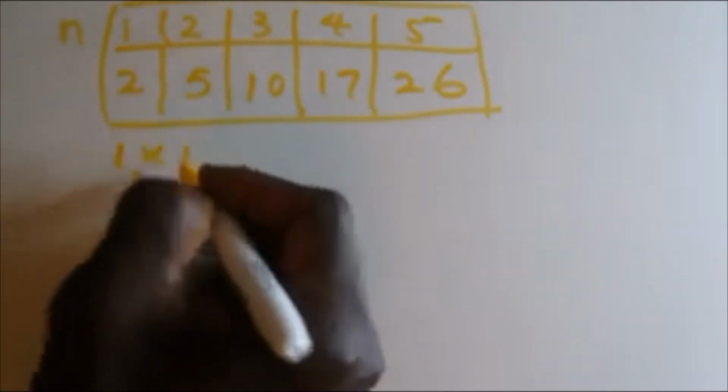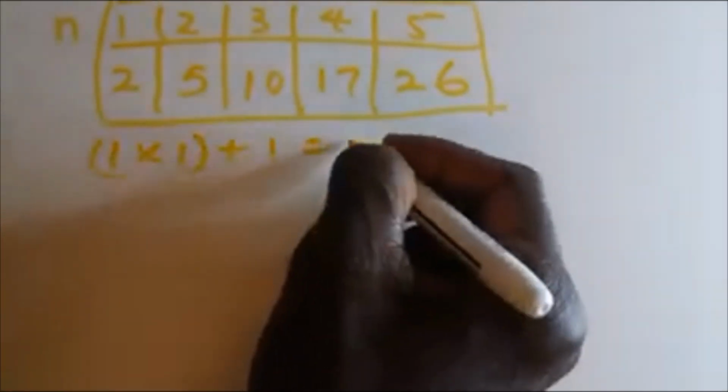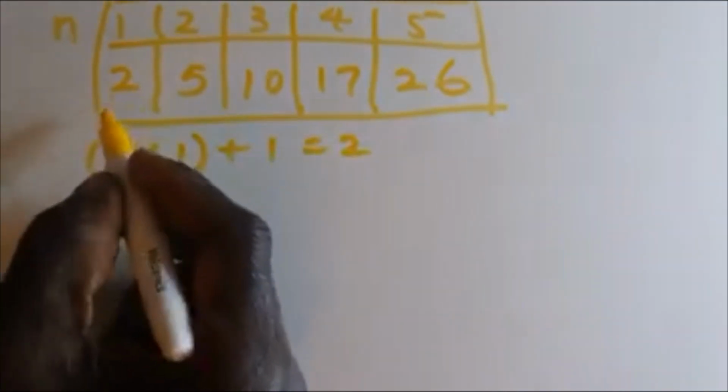We have 1 times 1, add 1 will give us our first term of 2.